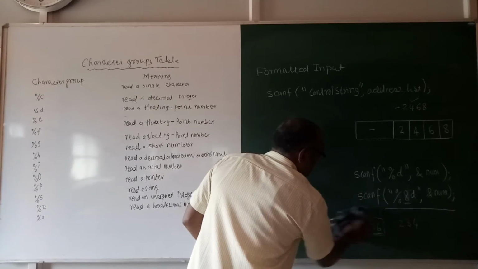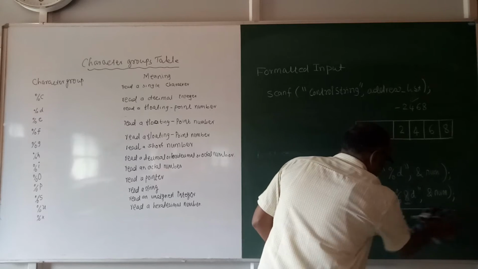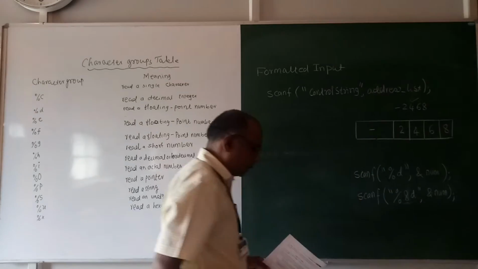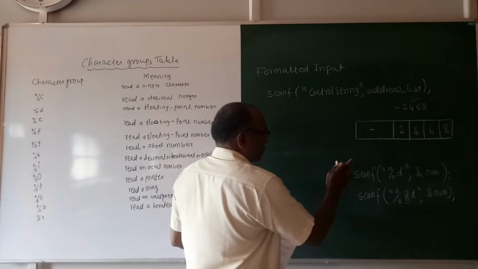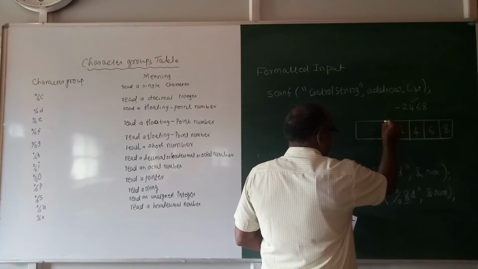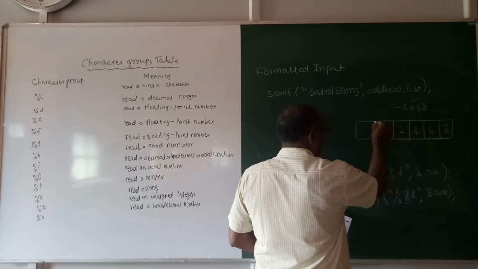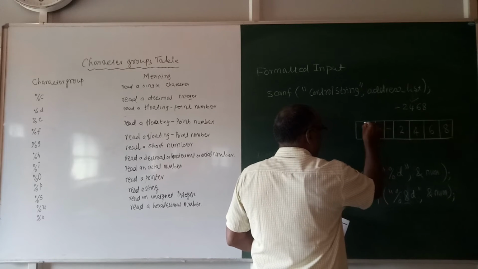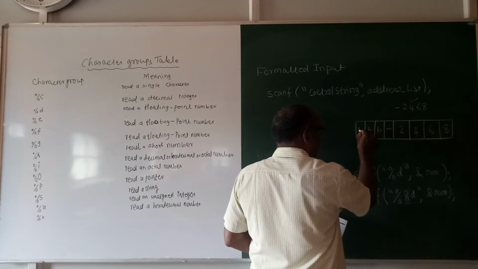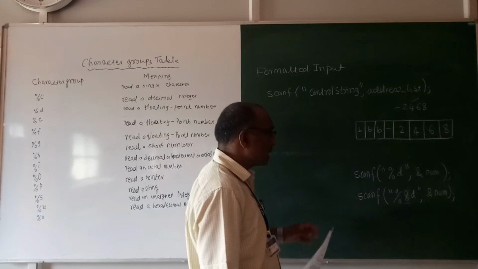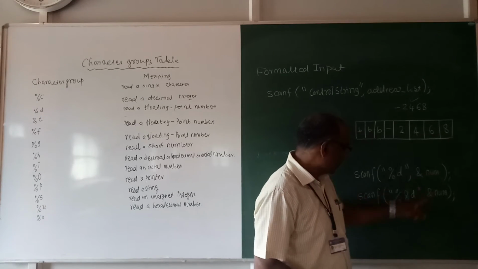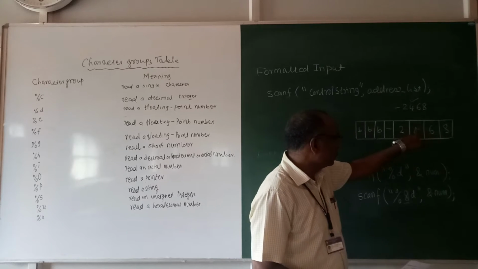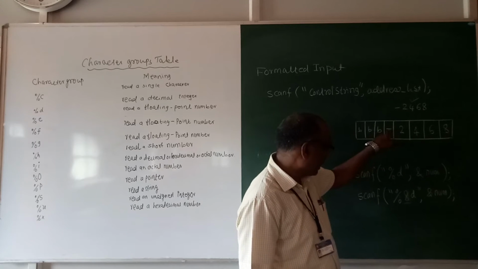According to the specification, in this scanf format we have written 8D. So when I write this, this will be the minus, and these will be B, B, B. B stands for a blank. It is justified from the right. That's 1, 2, 3, 4, 5.